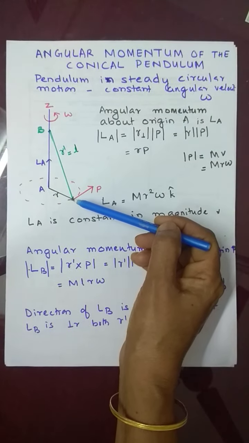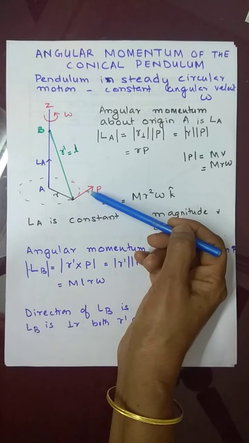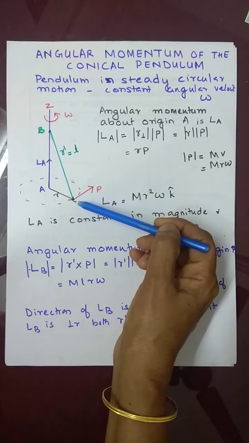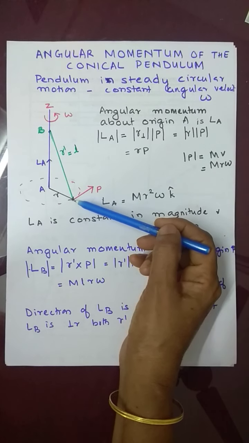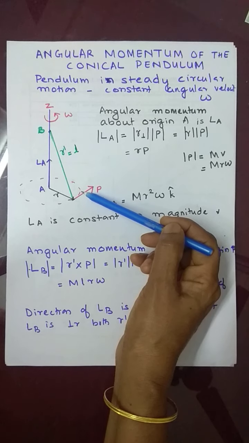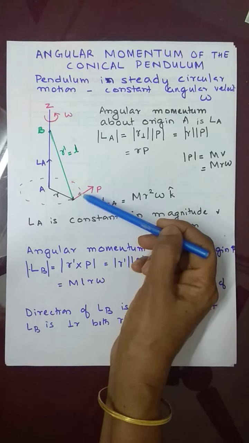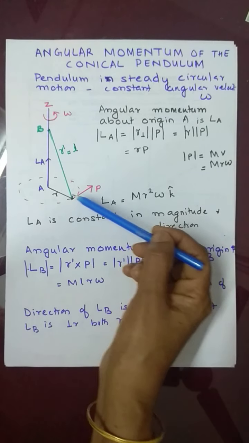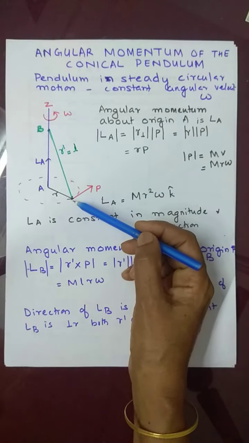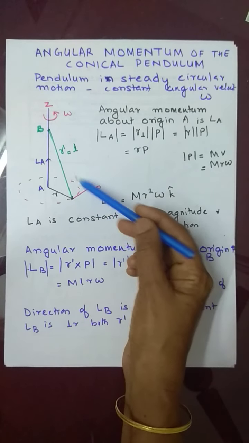Tangential to this circular path, the linear momentum P is acting, or the velocity is changing. Velocity V is acting tangential to the circle. That means it is perpendicular to the radius vector, or position vector, r. So this is momentum P acting. So r and P are perpendicular in this case.